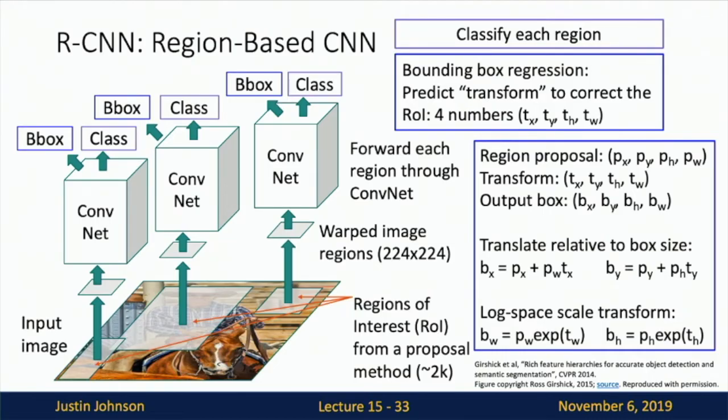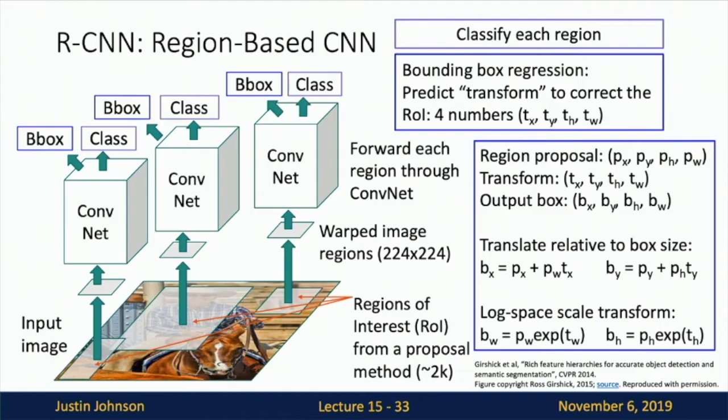So if we're given a region proposal that has its center at px, py, and has a height and width ph and pw, and our ConvNet is outputting a transformation giving 4 numbers tx, ty, th, and tw, then our final output box is going to somehow combine the transformation that our CNN outputs and the coordinates of the region proposal that we were given as input.